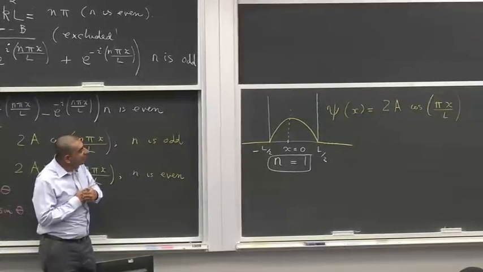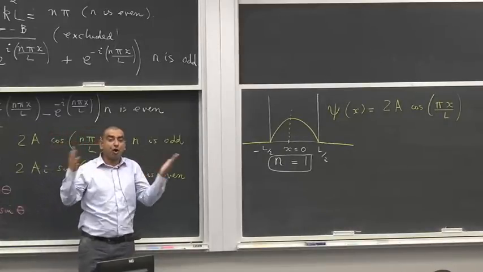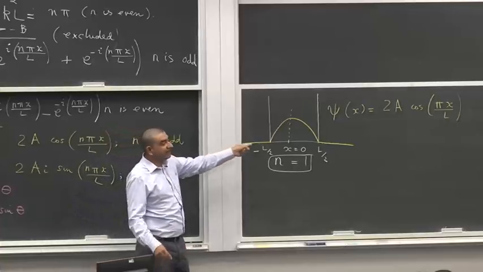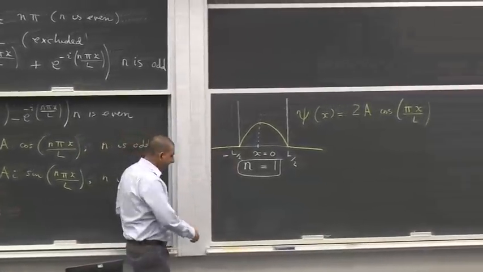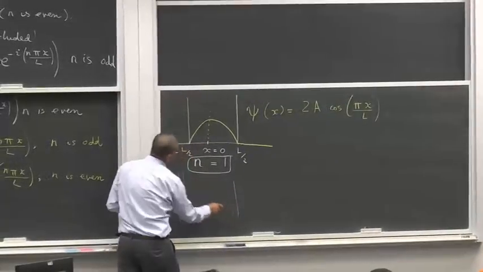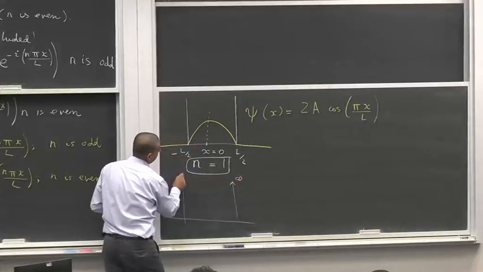And this is astoundingly fascinating. I'll tell you the reason in a minute. But let me first of all draw all the wave functions. This is the wave function for n equals 1. Now let me draw the wave function for n equals 2. I'm just drawing the infinite well here, okay?